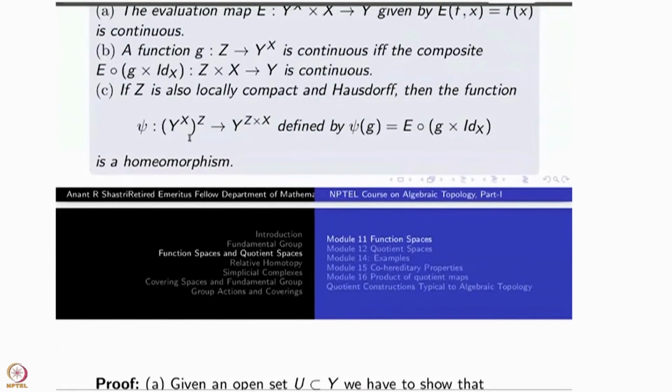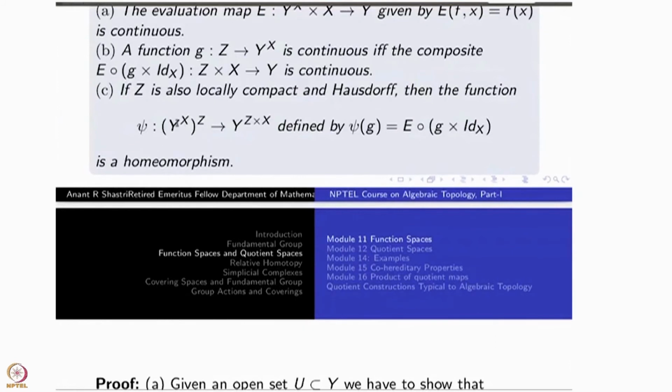Because in this statement, Z is also going up as an exponent. It is also a superscript. So it's easy to remember. Whenever the space goes up on the superscript, those things must be locally compact. The things at the bottom could be anything.